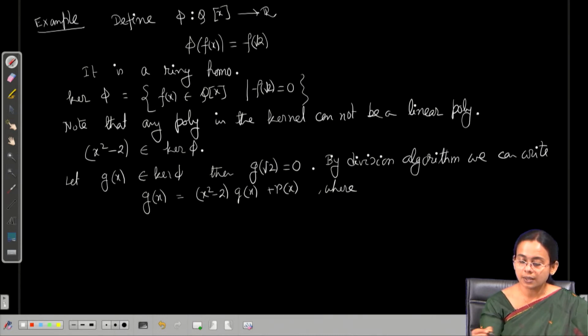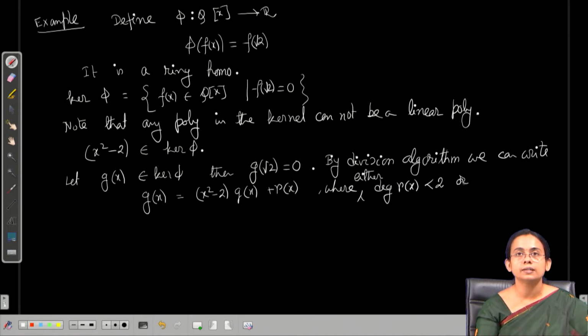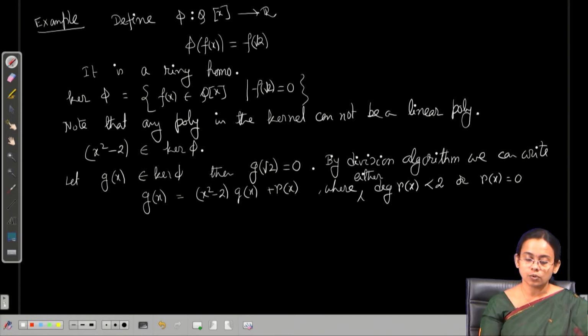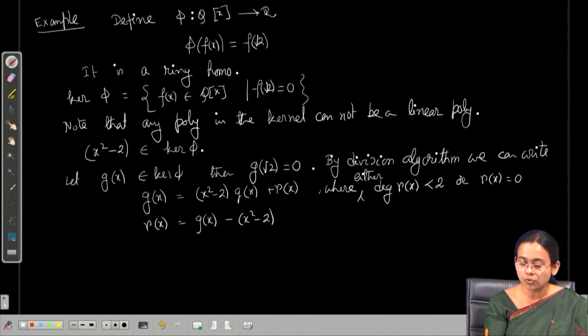There is a restriction on the remainder term: either the degree of r(x) is strictly less than 2, or r(x) is identically 0. But now from this equation I can rewrite r(x) as g(x) minus (x square minus 2) times q(x).